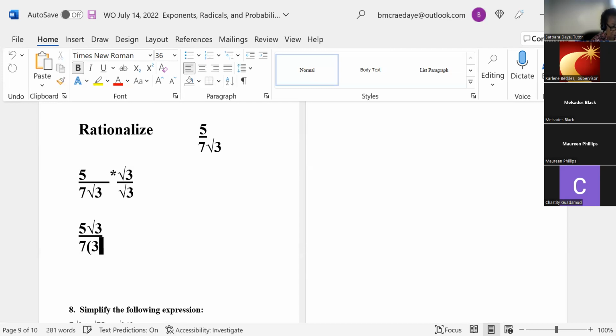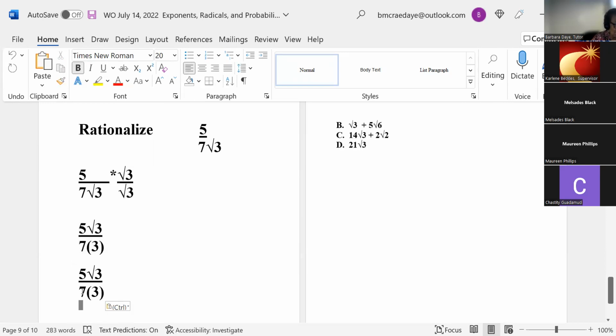Very good. Square root of 3 times square root of 3 is just 3. All right, now let's keep going. You still have that 5 square root of 3, and the numerator just stays the way it is: 5 times square root of 3. What's 7 times 3, Mercedes? 21.